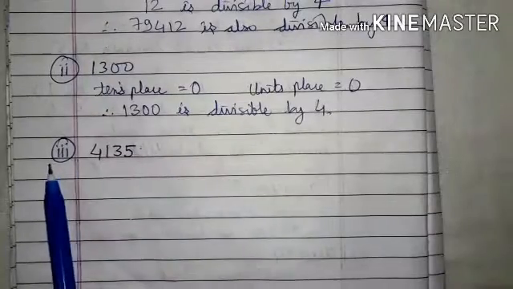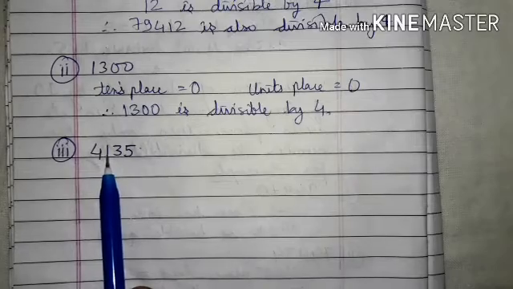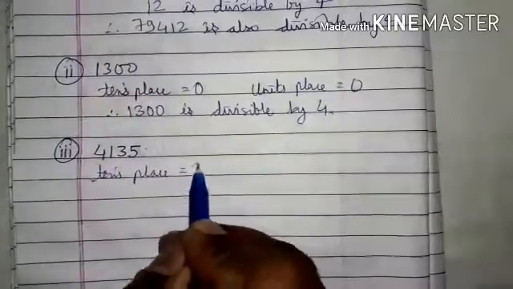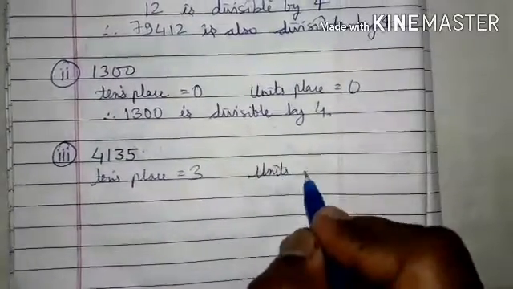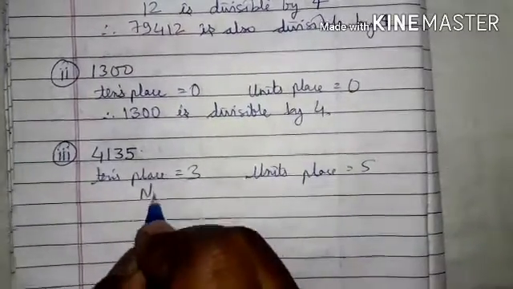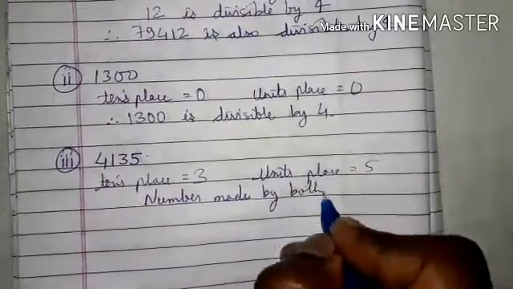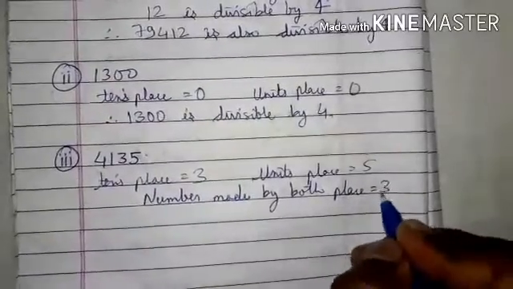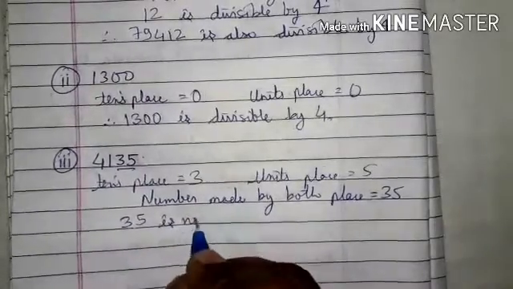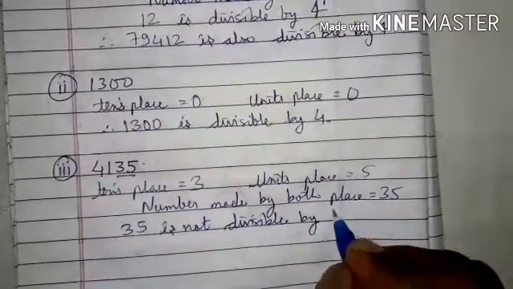Now, our third example is 4135. Here the tens place is 3 and the units place is 5. So the number made by both places is 35. 35 is not divisible by 4.